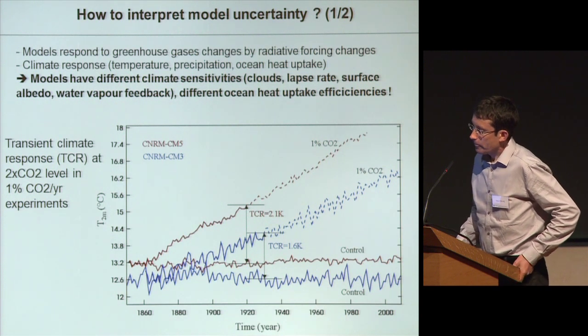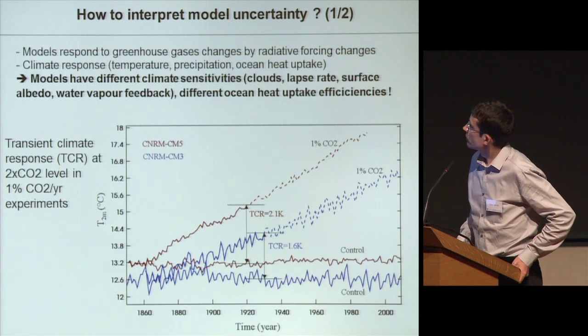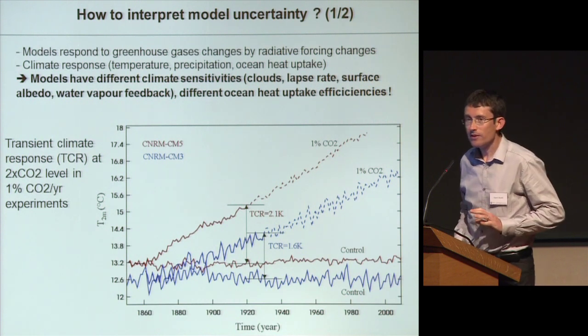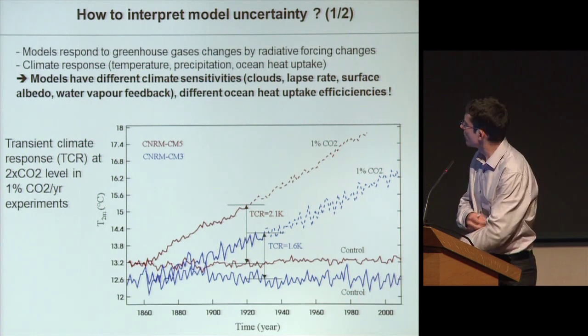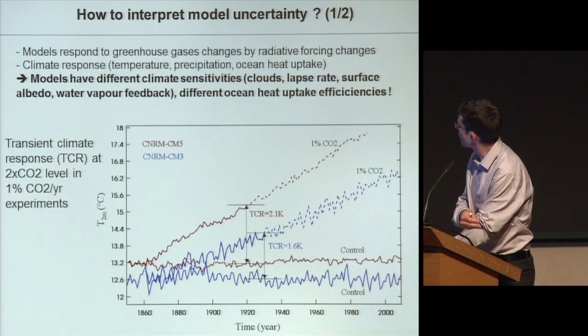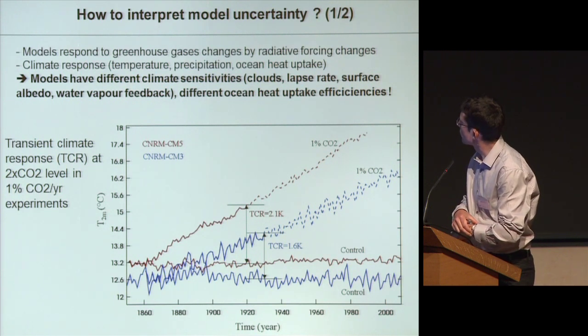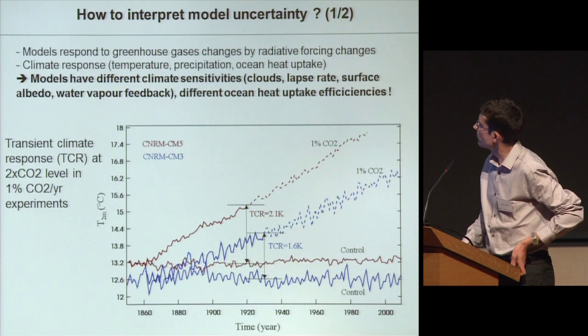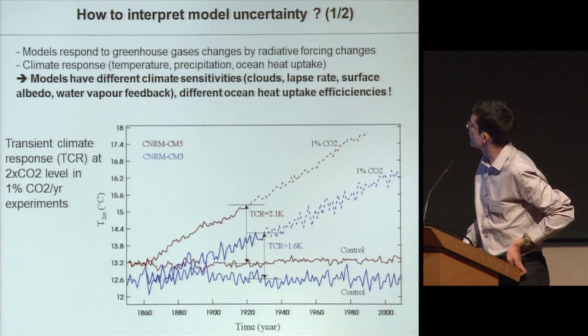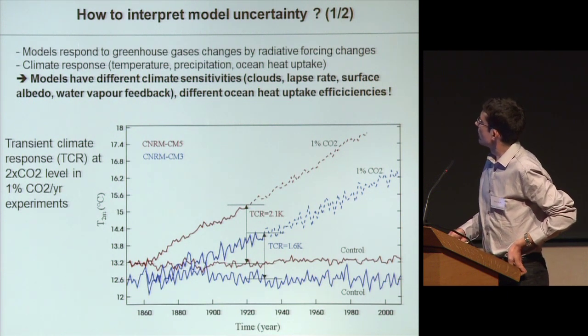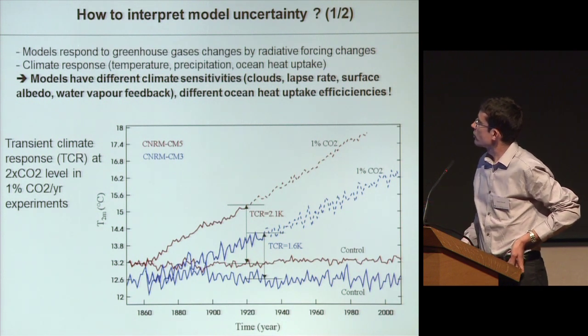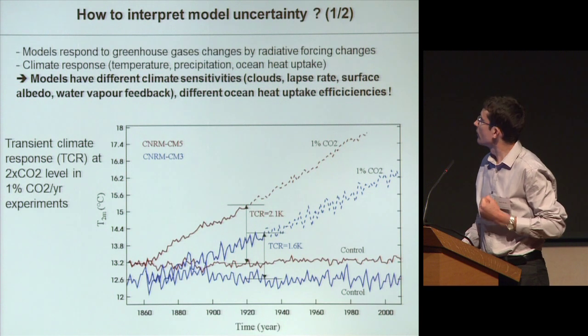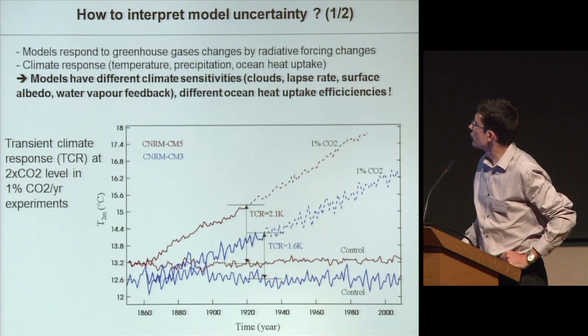So now a few words about how to interpret model uncertainty. I added this to my talk because I thought there were some overlaps, especially this morning, and I think it's perhaps useful. Actually, the models respond to greenhouse gas changes by a radiative forcing change.